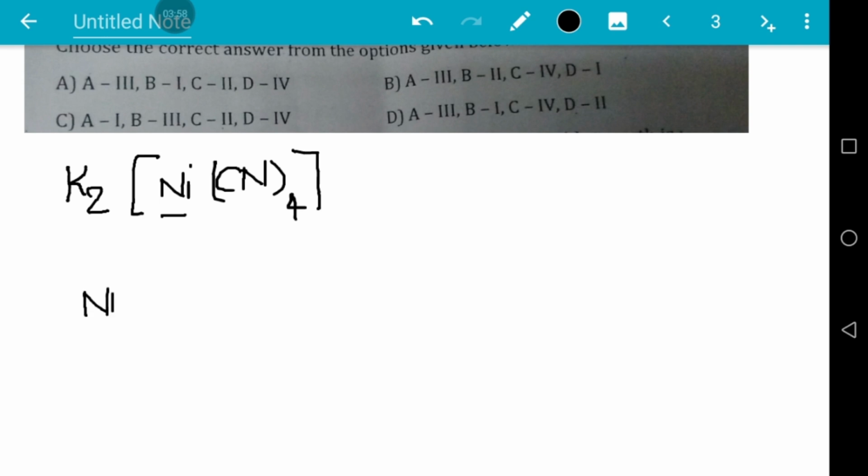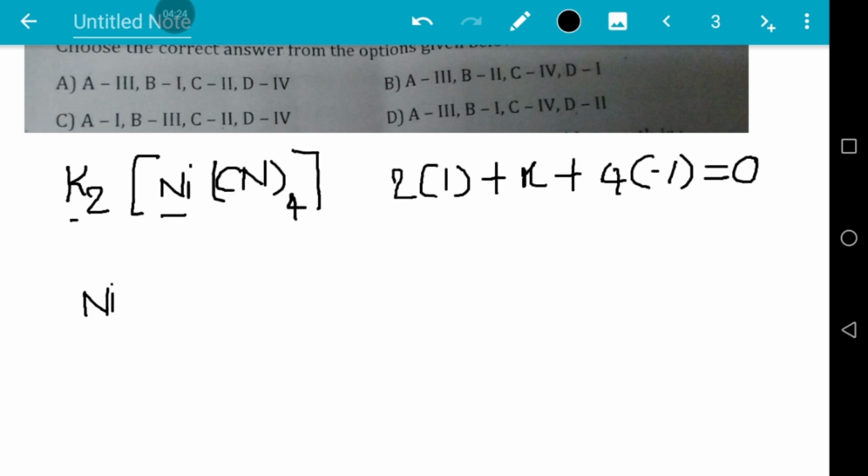So first calculate the oxidation state. Potassium oxidation state is +1, because it is a group 1A element. So 2 potassiums are there, so 2 into 1, plus nickel we don't know, so put x, plus 4 cyanide ions, so 4 into the charge of each cyanide ion, which is -1, equals to 0, because it is a neutral compound.